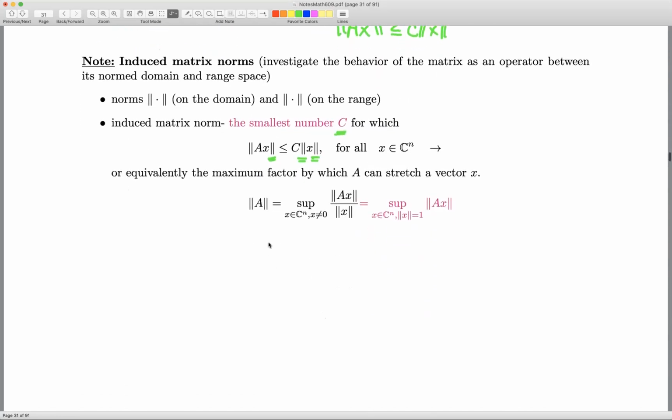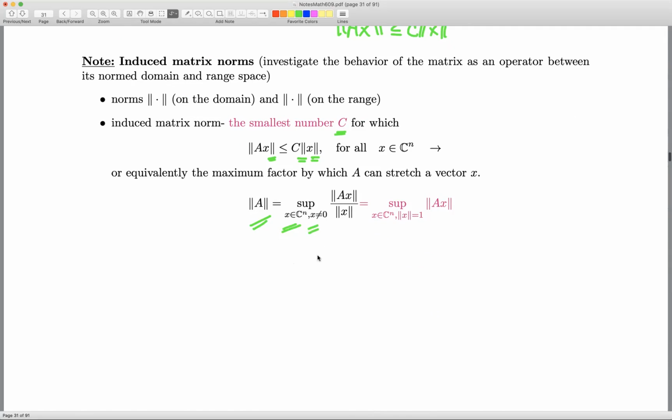Equivalently, I can restate that as the following. The norm of the matrix A, which is induced by a corresponding vector norm, is the maximum factor by which A can stretch a vector x. The formal definition is the sup of the norm of the vector Ax divided by the norm of the vector x, when the sup is taken over all elements in Cn that are different from 0.